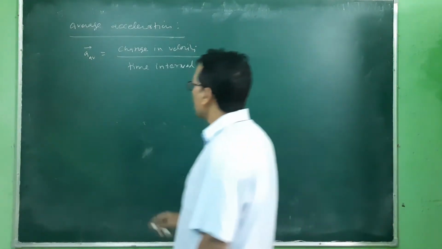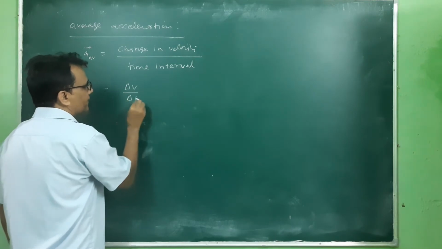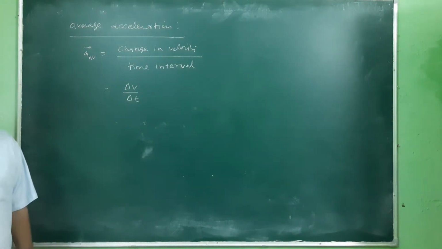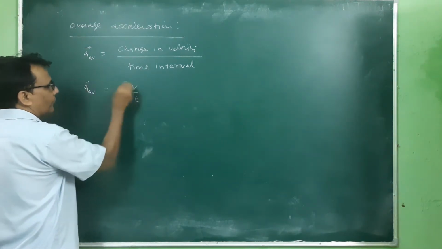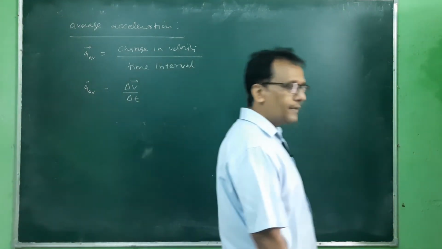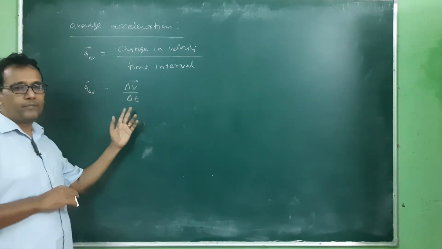So it is represented by delta v by delta t. Then obviously this will be in the form of a vector, delta v vector by delta t.